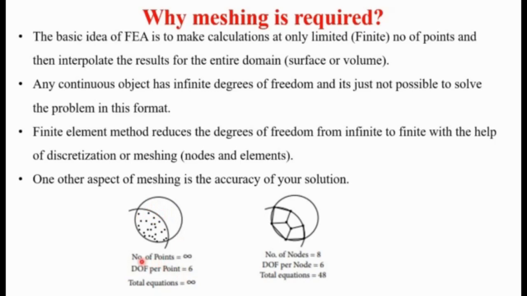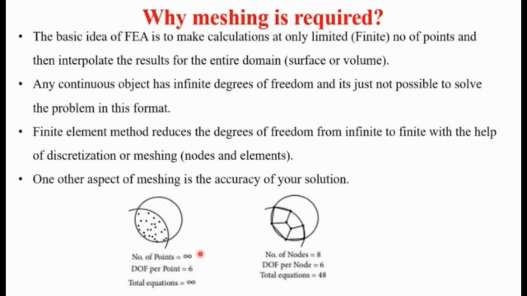Here the number of points is equal to infinite and degrees of freedom per point is equal to 6. That means any continuous object has infinite degrees of freedom. So the total degrees of freedom, or total equations, for this entire object is infinite, and it is not possible to solve the problem in this format. Infinite equations will be there, so it is very difficult to solve this problem.